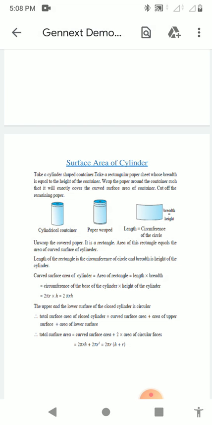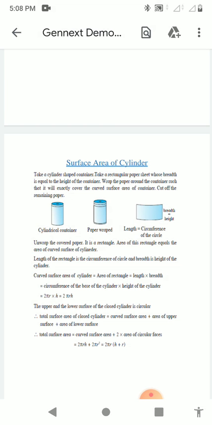Now we get length as the circumference of the circle, and width is nothing but the height of the cylinder. So the area of the rectangle is nothing but the area of the curved surface. Length is circumference, that is 2 pi r, and width is the height of the cylinder. So 2 pi r h is the curved surface area.